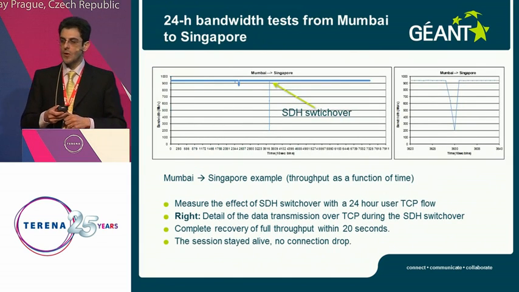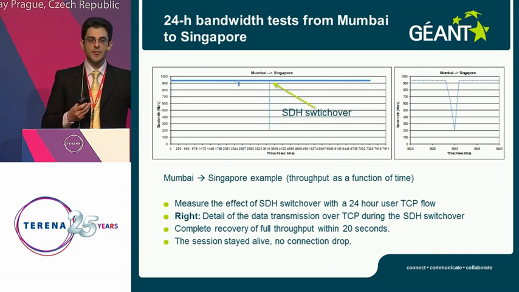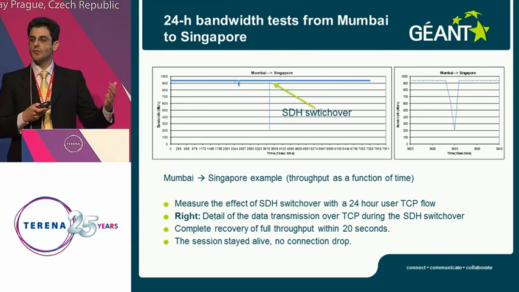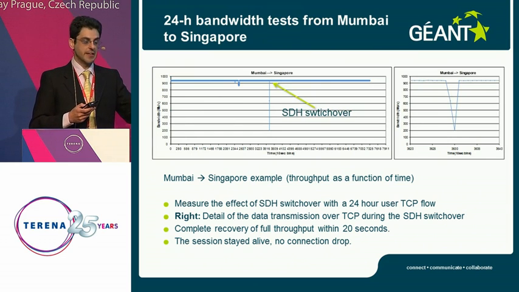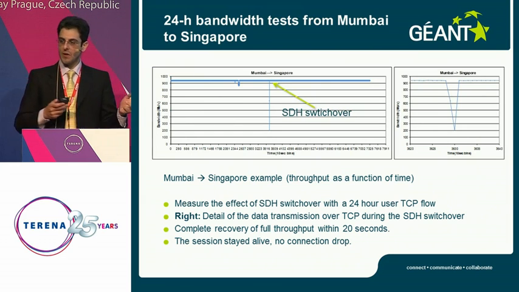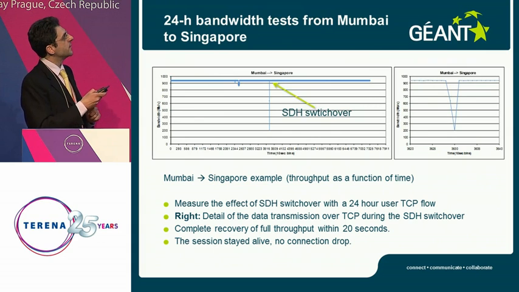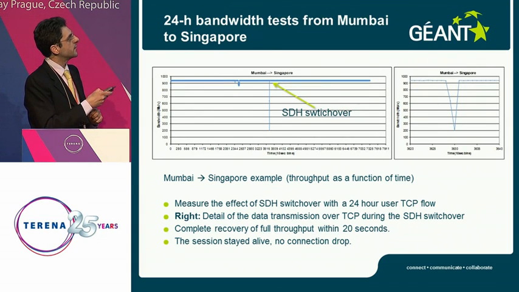So what we did was simulating a continuous flow of data across that link, as a user continuously sending data from one side to the other. And you can see here the bandwidth as a function of the time. And that's what happened when there was a switchover.